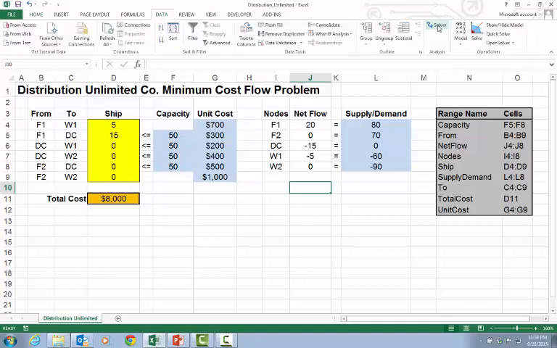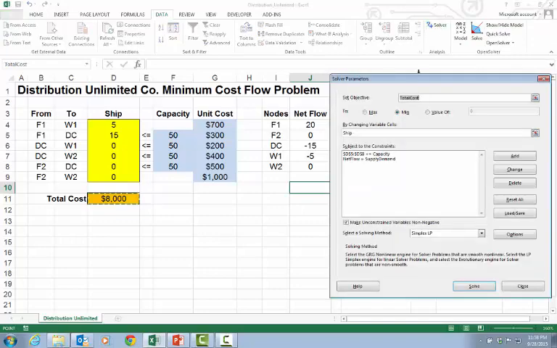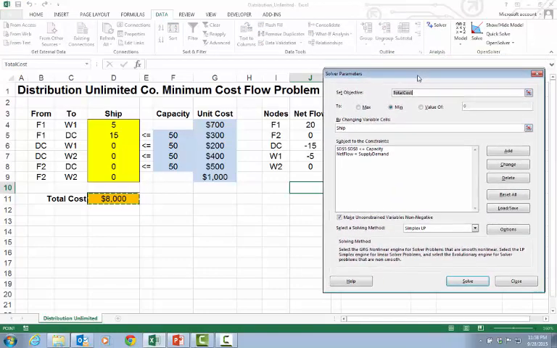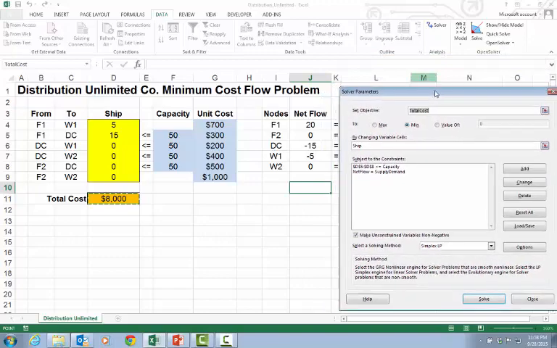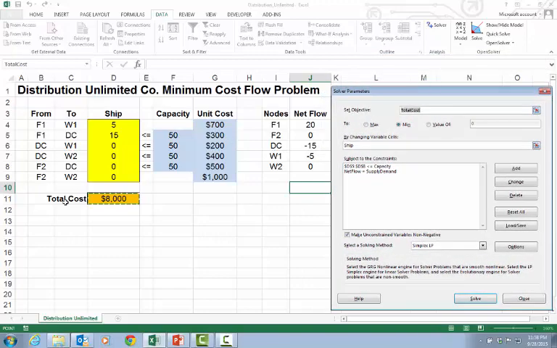So we're going to use basically the regular Solver. And so again, let's just go through the model here. We're trying to minimize total cost, which is the named range right here. It's a minimization problem, so we've pressed that radio button. The variables we're going to change are these yellow, the ship range. And again, we really only have two sets of constraints here.